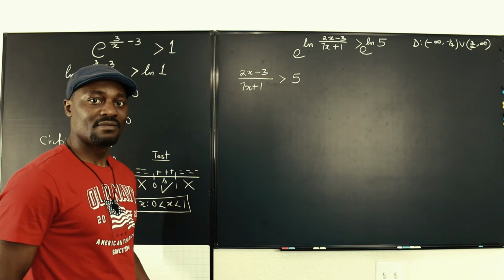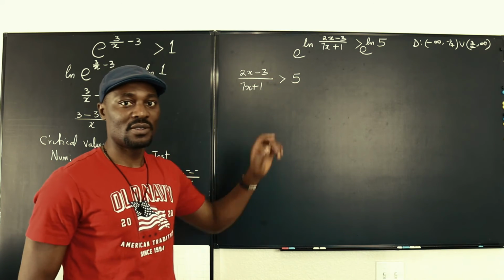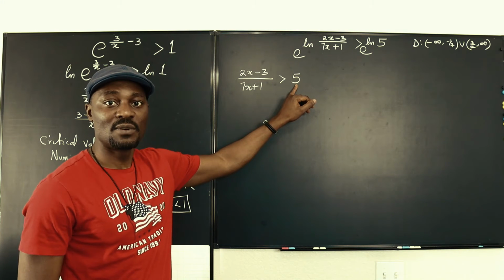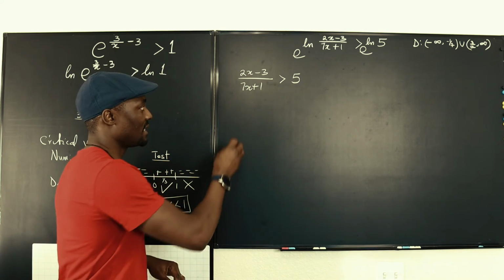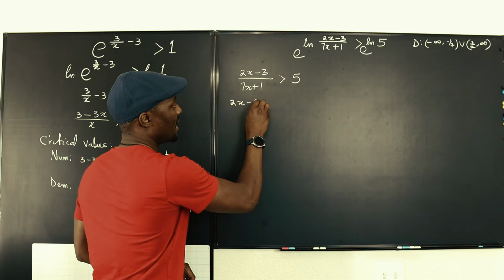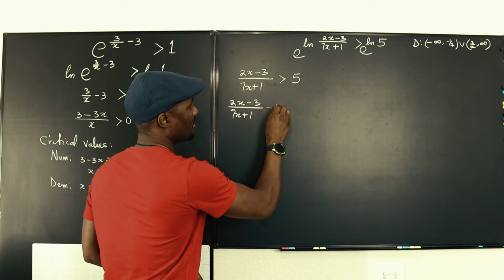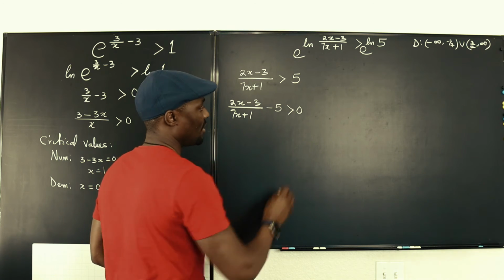Like I said, please do not cross multiply. What you want to do is take 5 away from both sides, and that moves the 5 down here. You have 2x minus 3 over 7x plus 1 minus 5 is greater than 0.